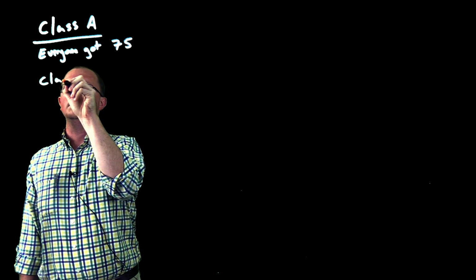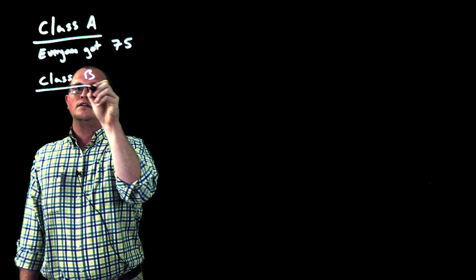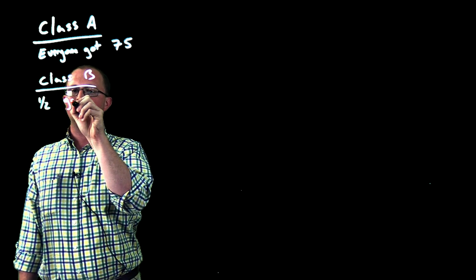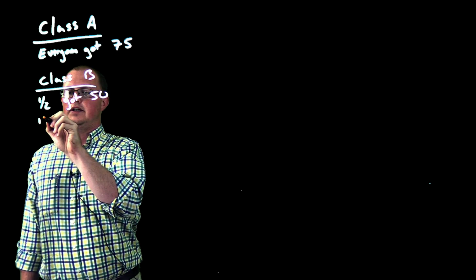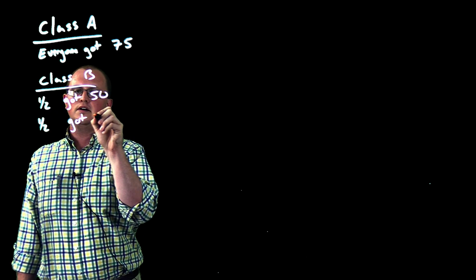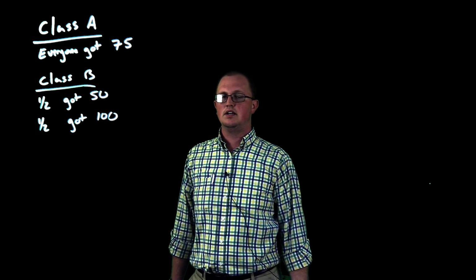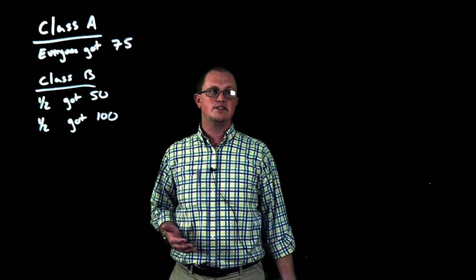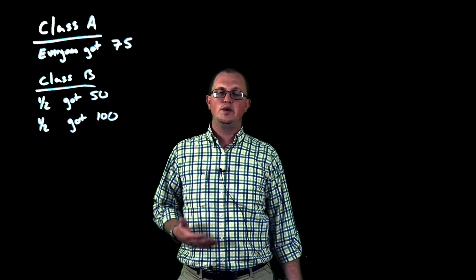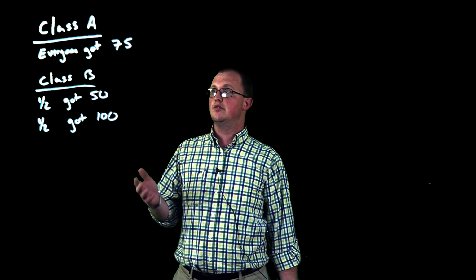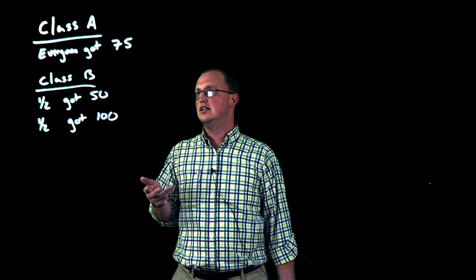In Class B, half got 50 and half got a 100. And we said that just looking at the class average of these two classes, we can't tell the whole story because both of these have a class average of 75.